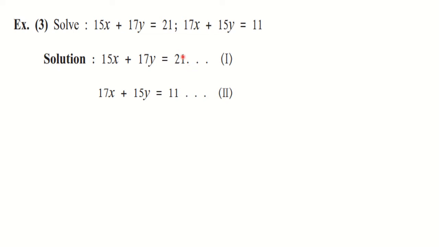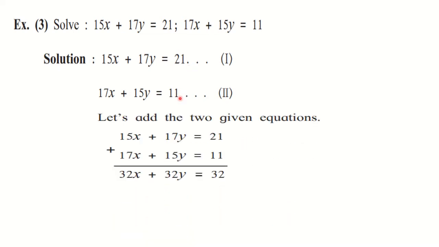So let us add these two equations first of all. Write them one below another. This is equation number 1: 15x plus 17y is equal to 21, plus 17x plus 15y is equal to 11. When you add, 15 plus 17, we are adding only the numbers.